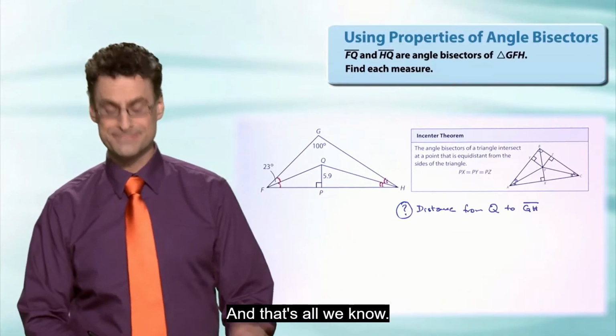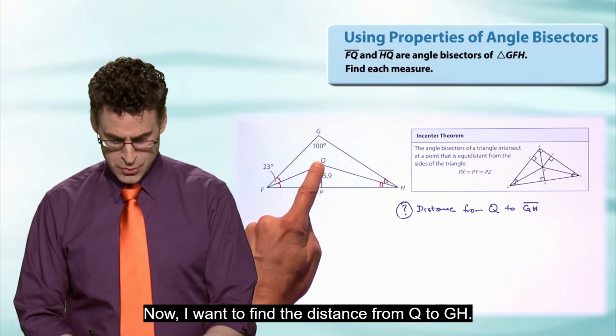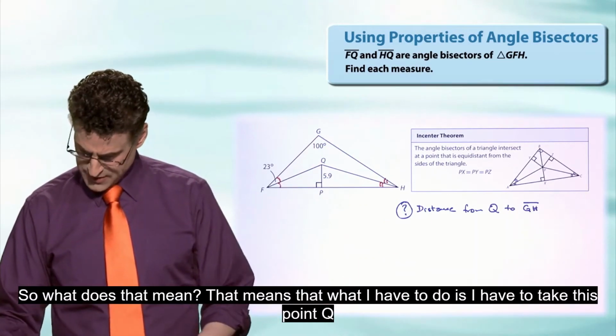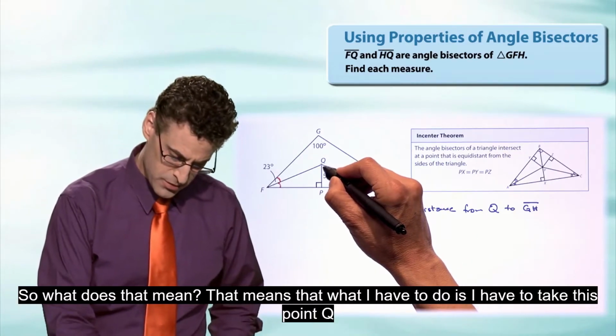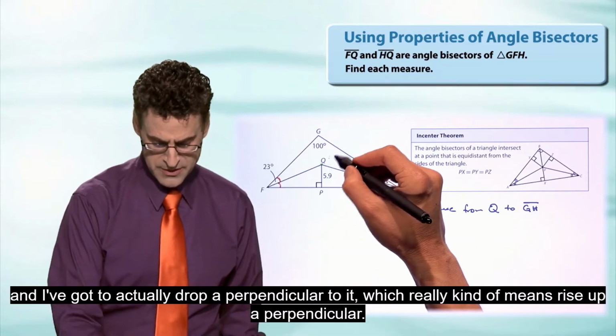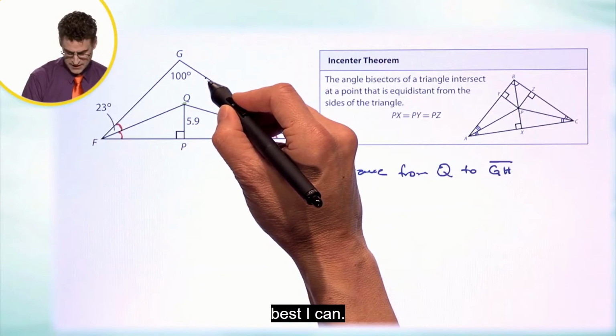And that's all we know. Now, I want to find the distance from Q to GH. Oh, that's this side right here. So what does that mean? That means that what I have to do is I have to take this point Q, and I've got to actually drop a perpendicular to it, which really kind of means rise up a perpendicular. Hard to do visually, but I'm going to try it right now live, best I can.